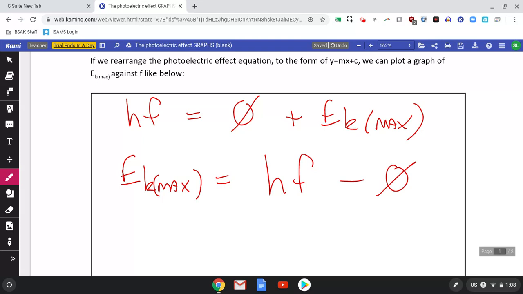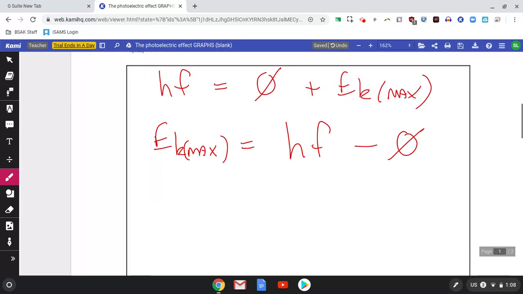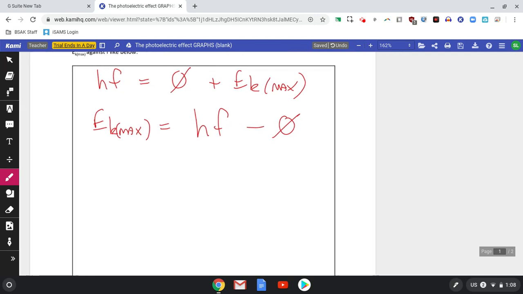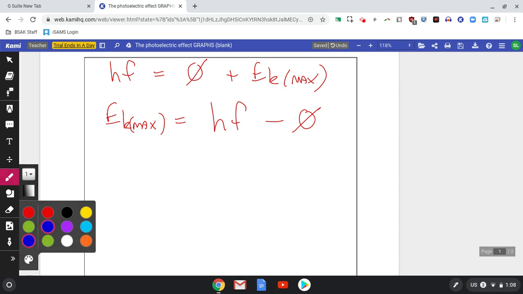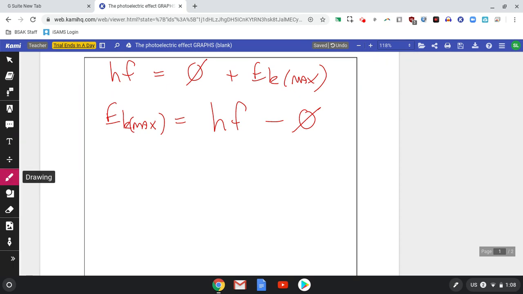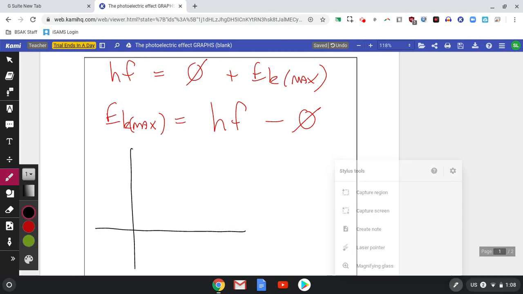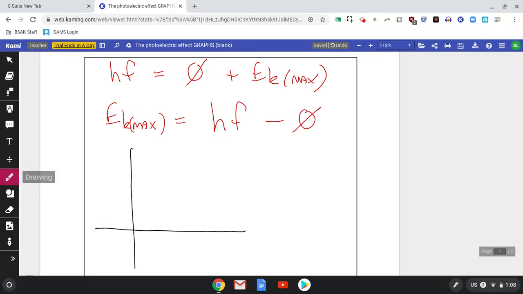Now, if we plot EK max on our y-axis and frequency on our x-axis, we get a graph like this. Because these are our y values and these are our x values, what are we going to get?